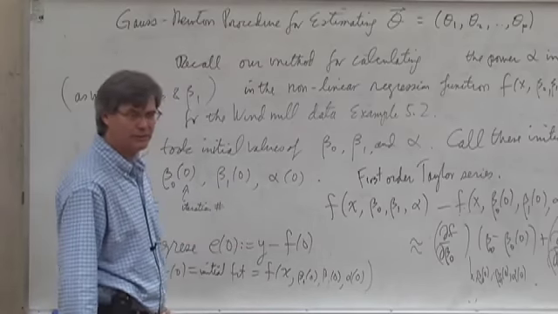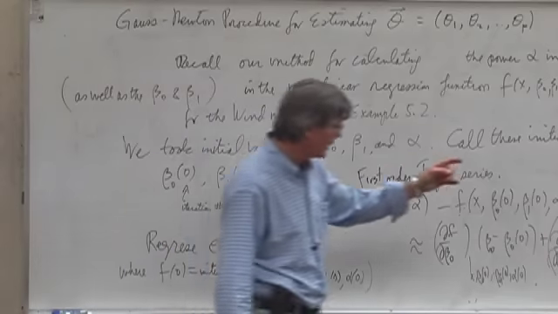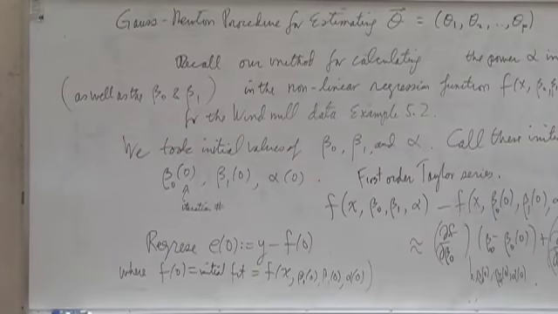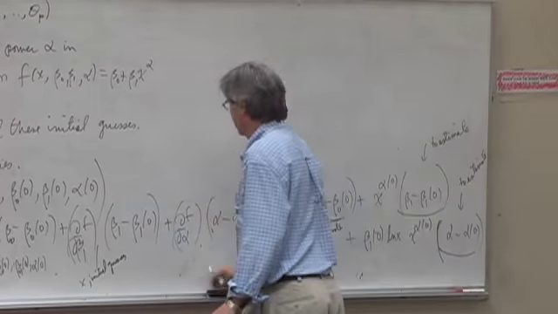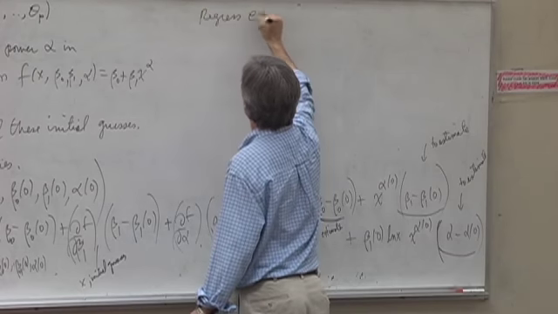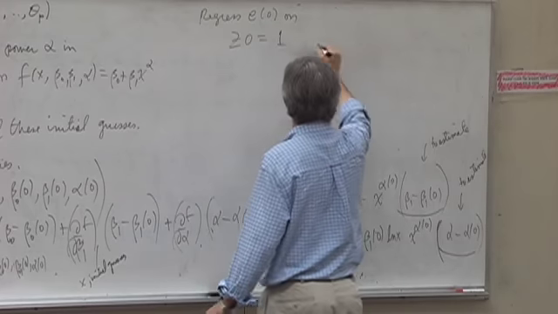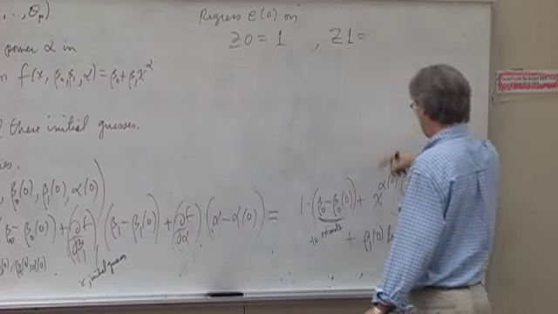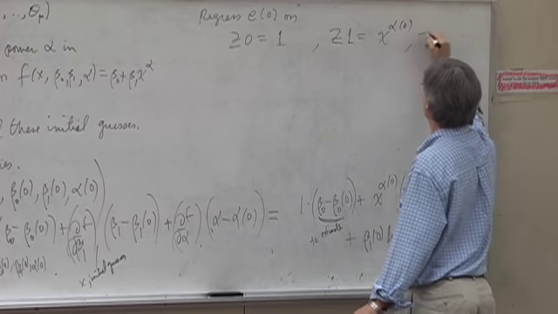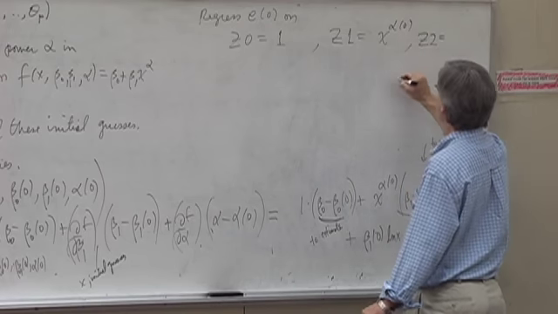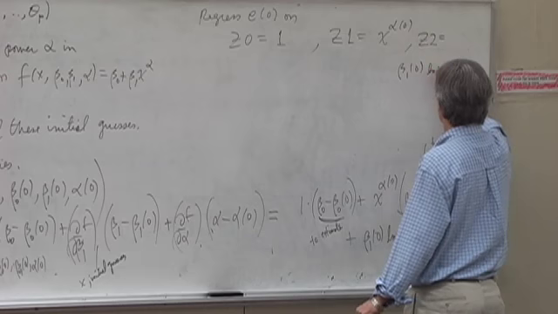Now take the residuals of that simple linear regression and regress those on these 3 variables: 1, x to the alpha naught, and beta 1 naught log x, x to the alpha naught. This is the third variable. Regress E naught on the following 3 variables: Z naught equals 1, in this case, Z1 equal to x to the alpha naught, and Z2 equal to beta 1 naught log x, x to the alpha naught.